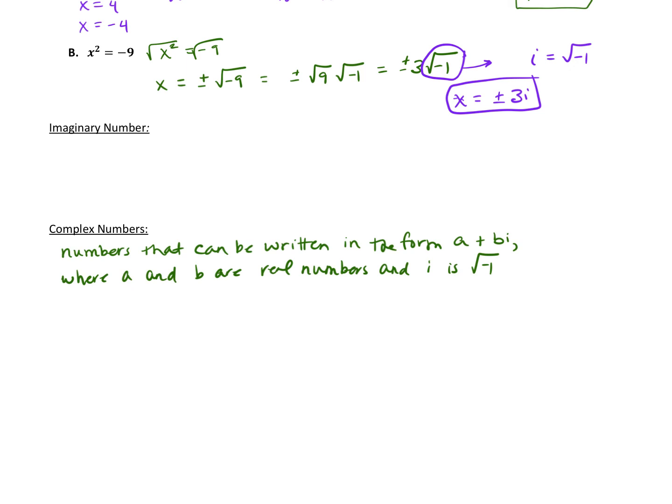The imaginary number is any number bi, where b is a non-zero real number, and i is the square root of negative 1.